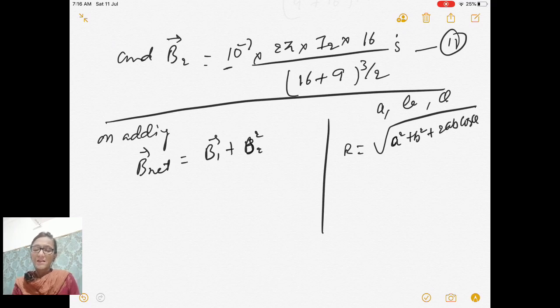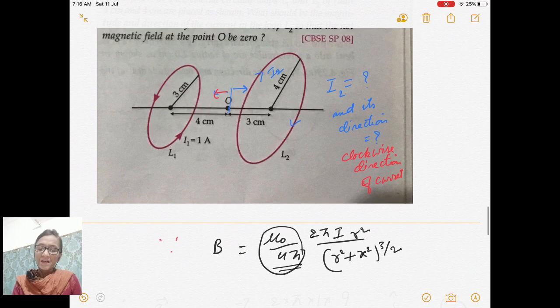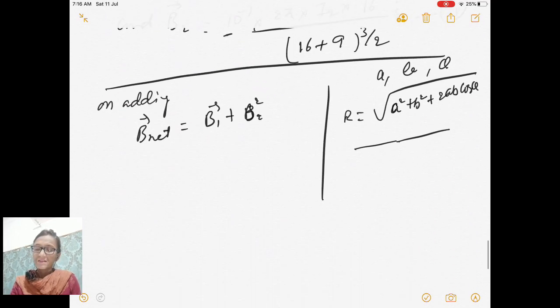But if the vectors are along the same direction, you simply add.